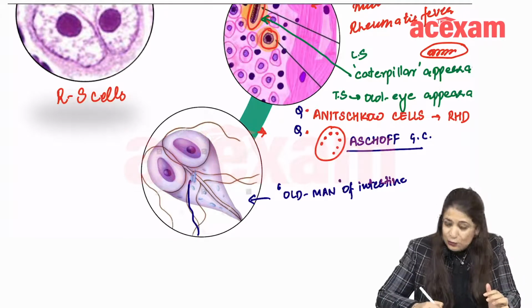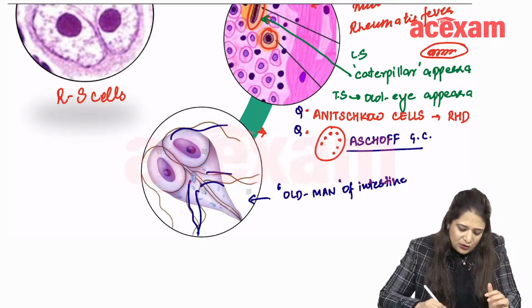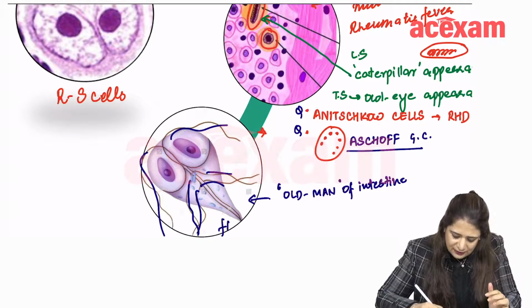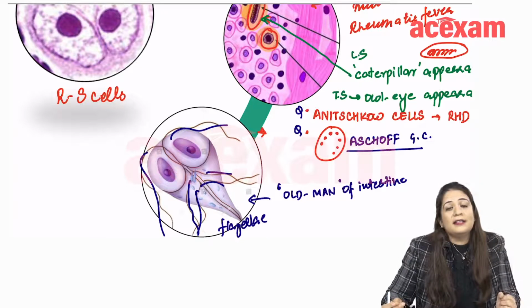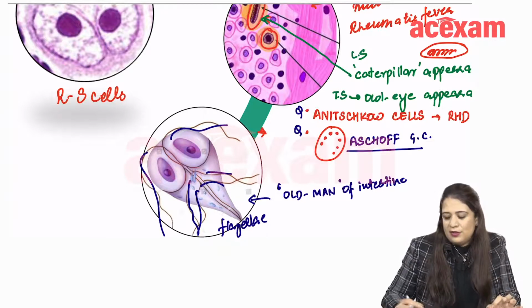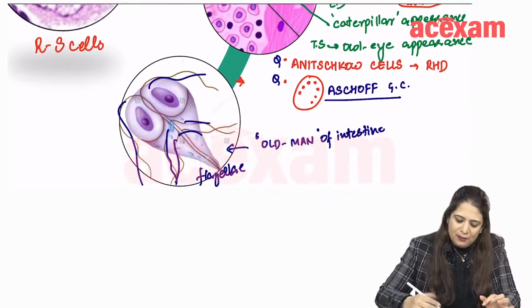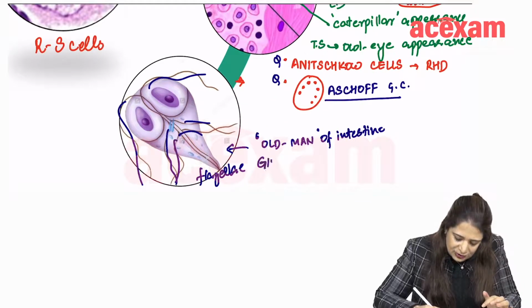And this looks like a mustache and hair. So these are actually the flagella of this organism, and this is a parasite. So what is the name of this parasite? The name of this parasite is Giardia lamblia.